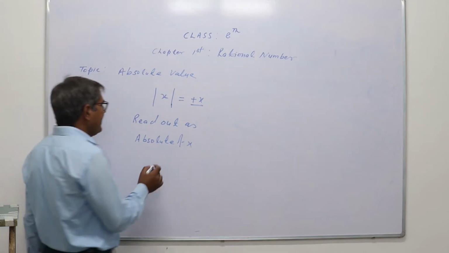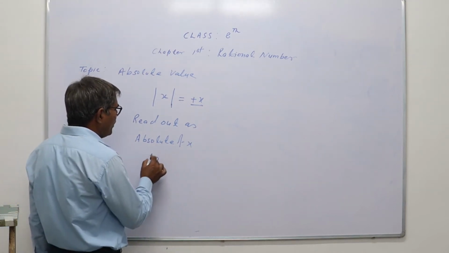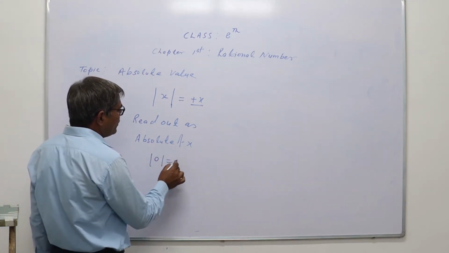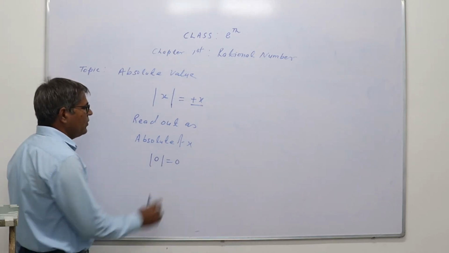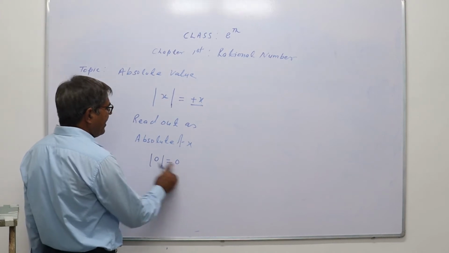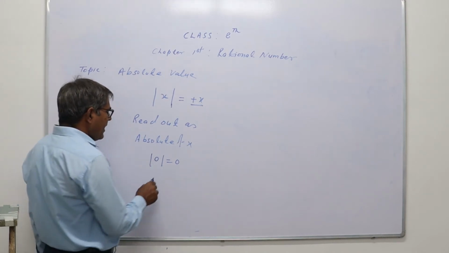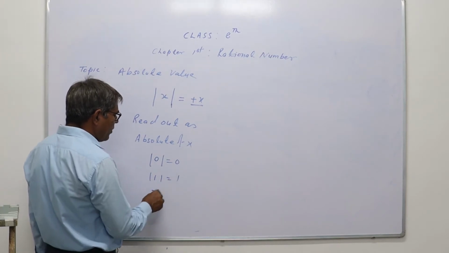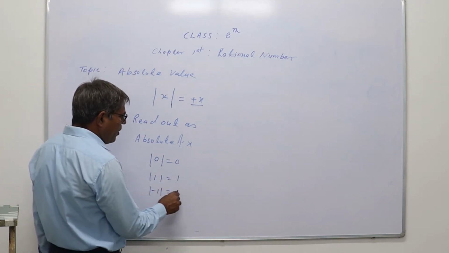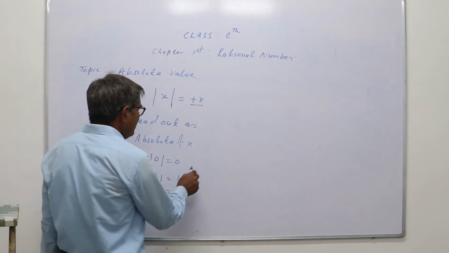For example, if we have to find absolute 0, then absolute 0 will always equal 0, because 0 is neither positive nor negative. Now absolute of 1 is equal to 1, absolute of minus 1 is also plus 1.